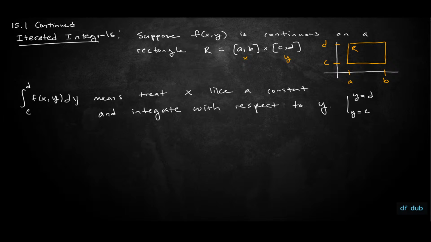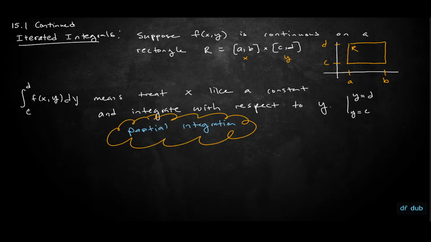And this is what we call partial integration. Because we're only integrating part of the variables, in this case the y variable. So partial integration. What's left then is a function of x.